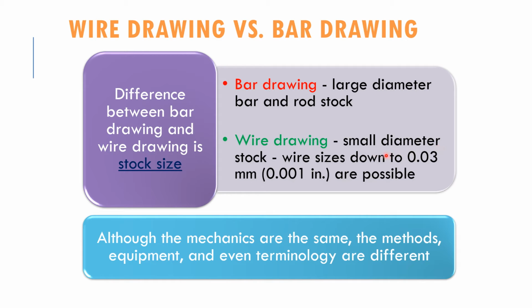The small diameter can go down to 0.03 mm, which is around 0.0001 inch. Although the mechanics are the same, the methods, equipment, and even terminology will be different if you compare both types of process.